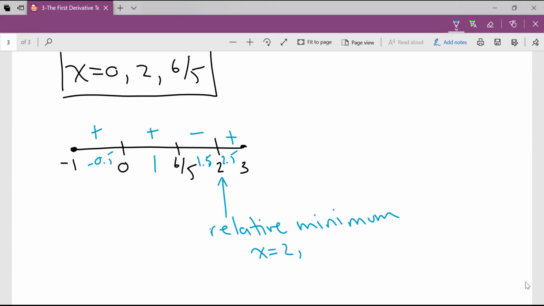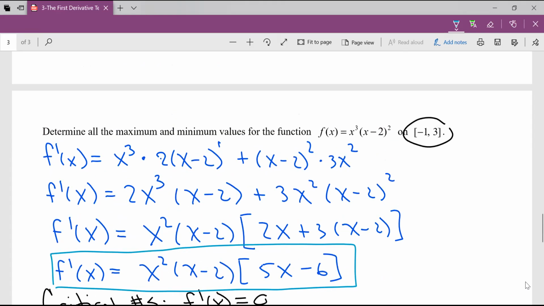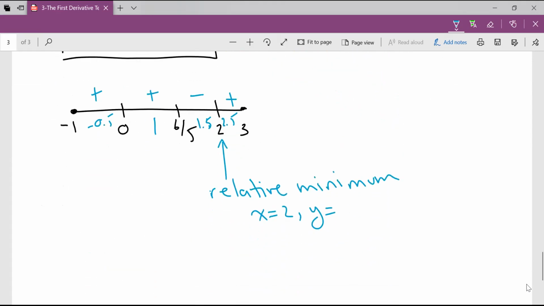What I can do from here is go back and find what that y value is. So to find that y value, I sub 2 back into our original function. Well, guess what? When I sub in 2, I see that it's going to be 0. So I've got a relative minimum right there on the x-axis.